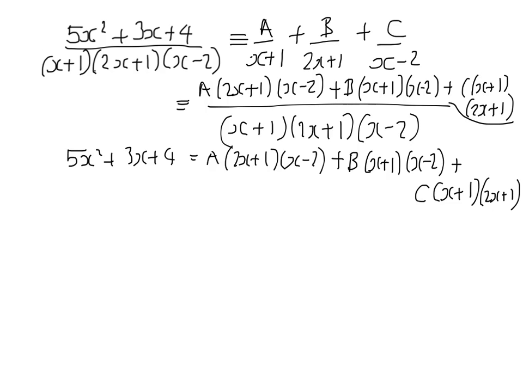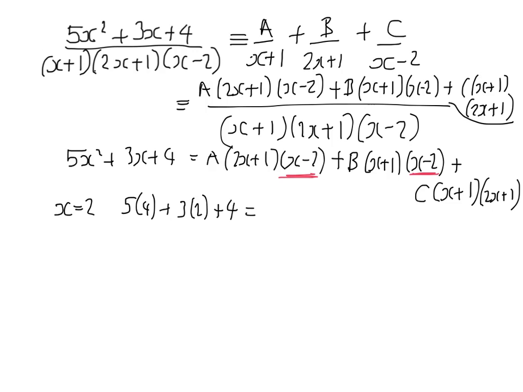Okay. Right, so then we take each bracket in turn and make it 0. So I'm going to start off with making this bracket 0, which will also make this bracket 0. So we're going to make x equal to 2. So if x is equal to 2, we've got 5 times 4 plus 3 times 2 plus 4 on the left-hand side.